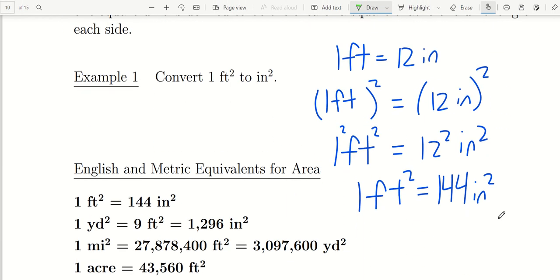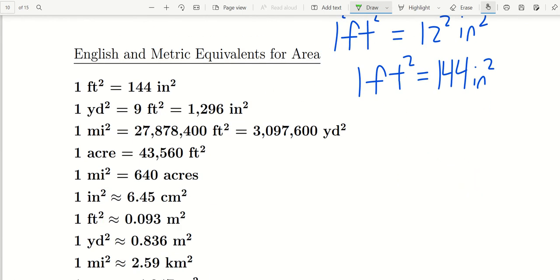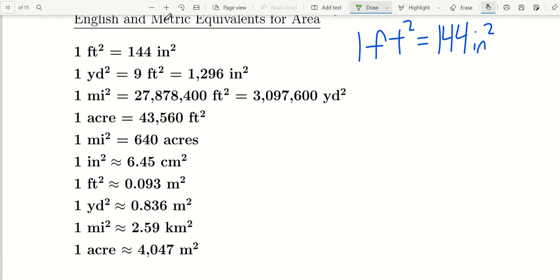The application of this will be with our unit fractions. If we look at some of the common equivalents for conversions between both English and metric, 1 square foot is 144 square inches. 1 square yard is equivalent to 9 square feet, which is 1,296 square inches. And then you can go down and see some of the other very common conversions.